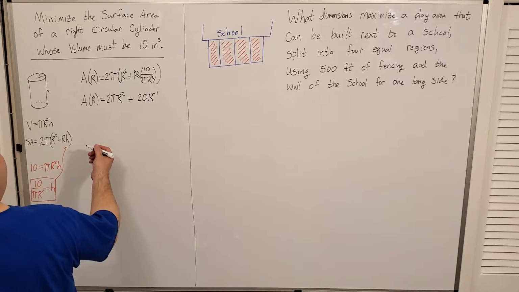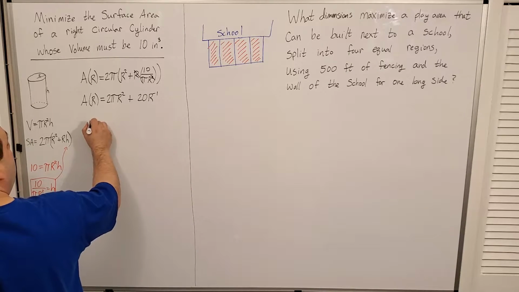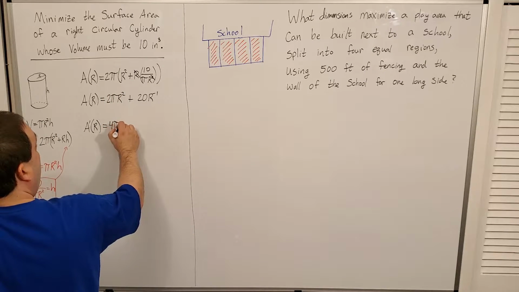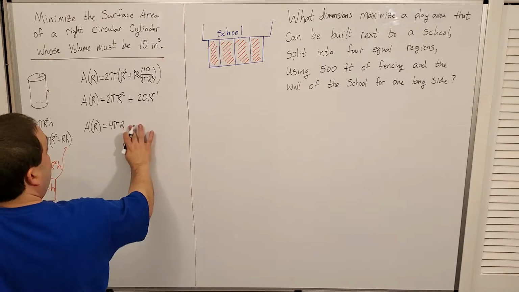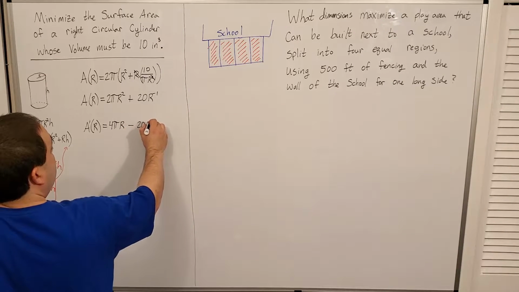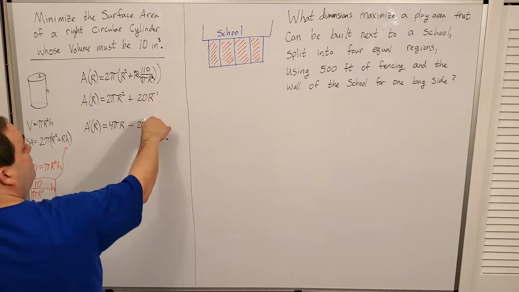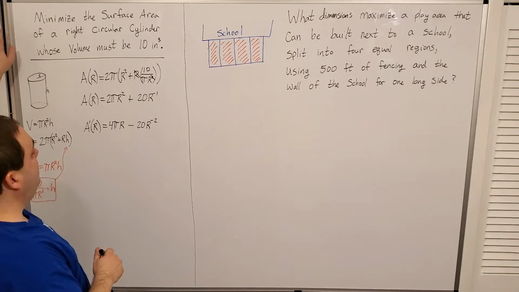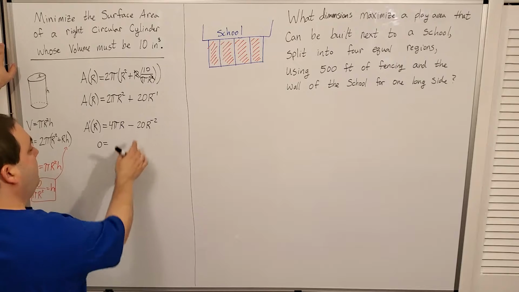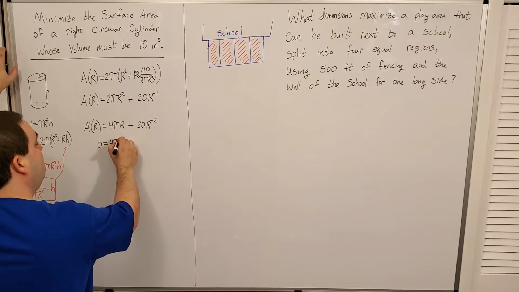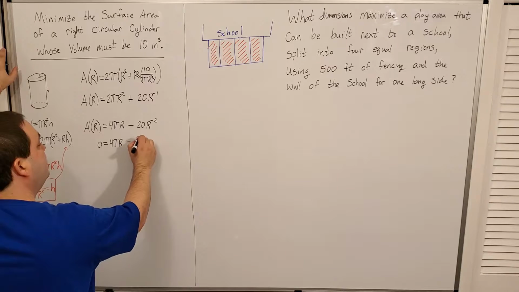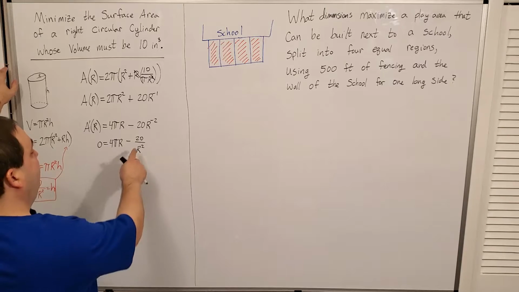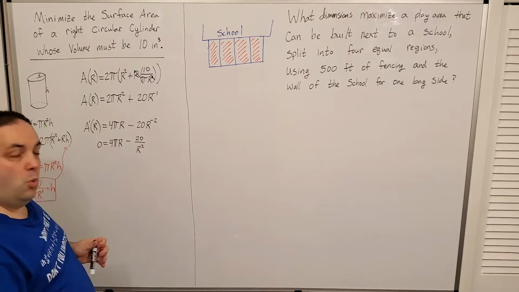So start with the first derivative. A prime of r is going to be equal to 4 pi r, not plus this time, minus 20 r to the negative 2, because I dropped the negative 1, subtract 1. Okay. So now let's set this equal to 0, and let's swap this around a little bit to make it look a little bit neater. So 4 pi r minus 20 over r squared. I can make this a lot easier on myself if I just multiply everything by r squared at this point.